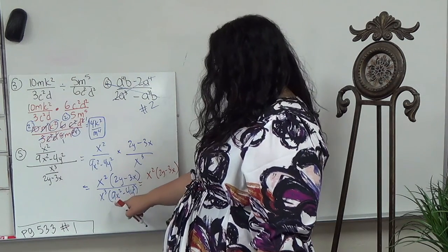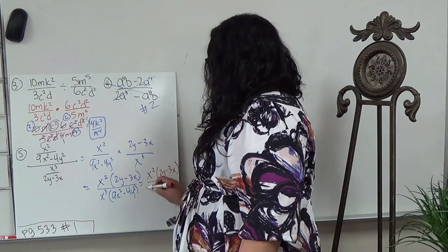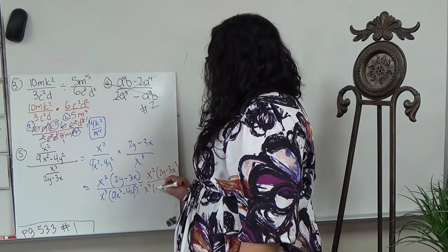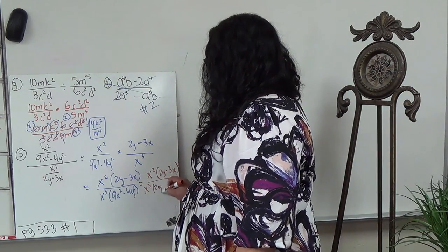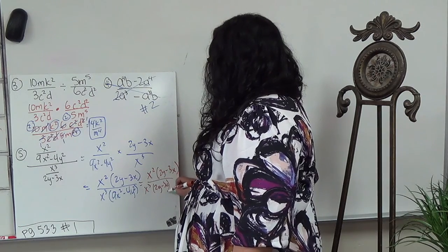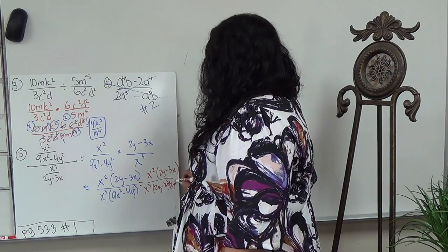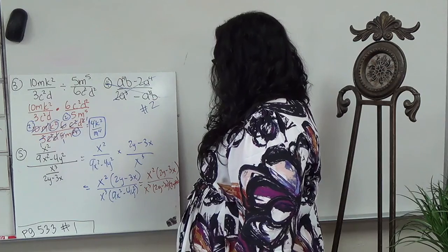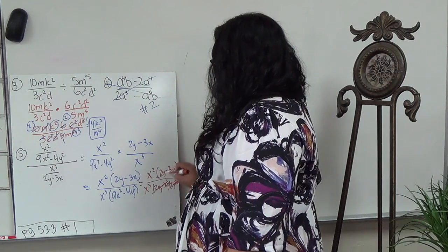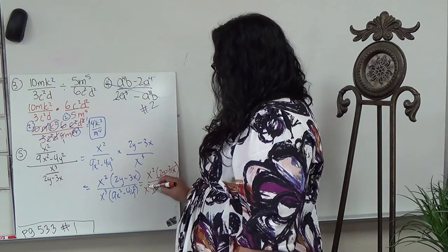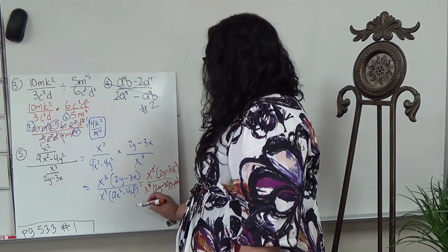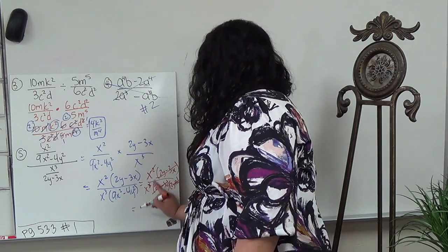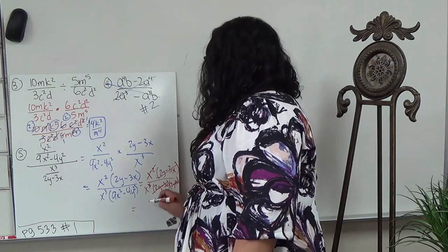But I can factor x cubed, and this can be reduced to 2y minus 3x, and then 2y plus 3x. Okay? So this would cancel out, and this, I cancel out 2 of these, so I'm left with 1, and this whole thing cancels out. So I end up with, since there's nothing left here, it's just 1.